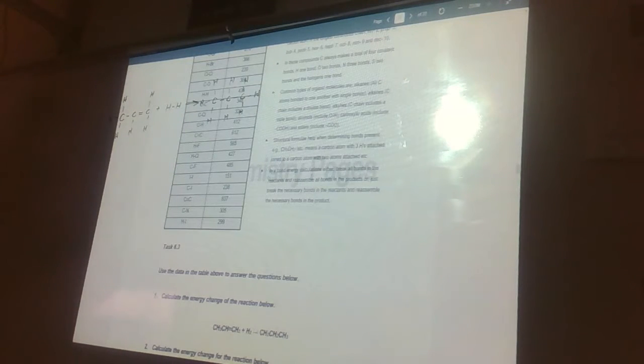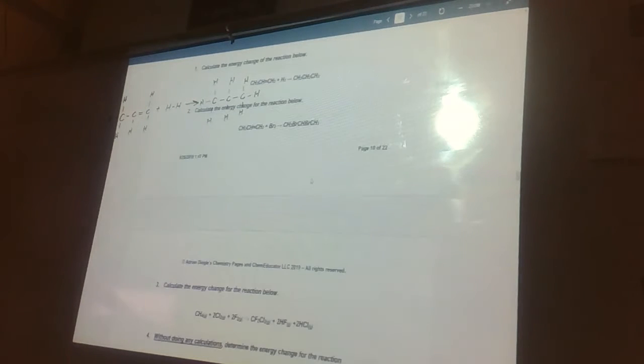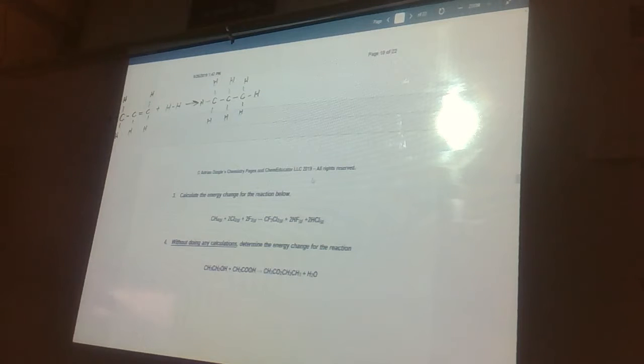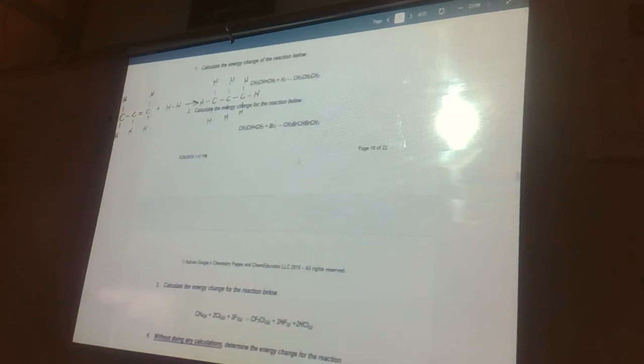Can you see that? That's our reaction. So the question is, calculate the energy change for this reaction.